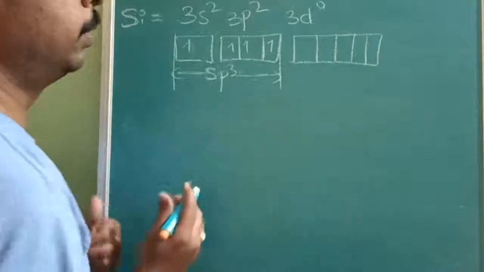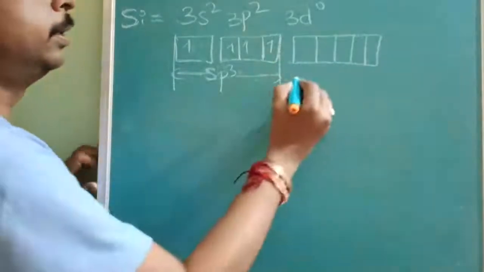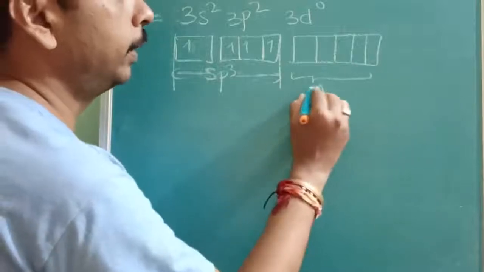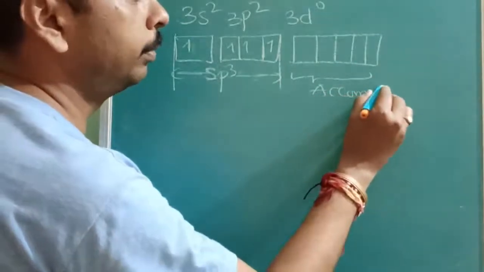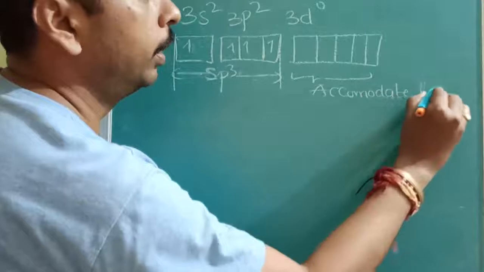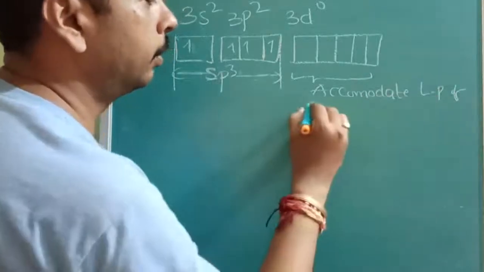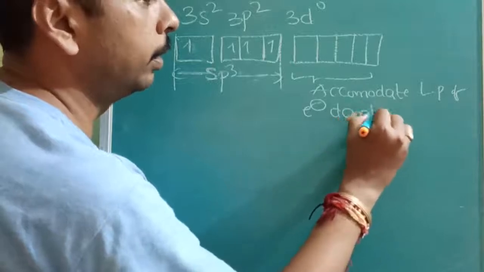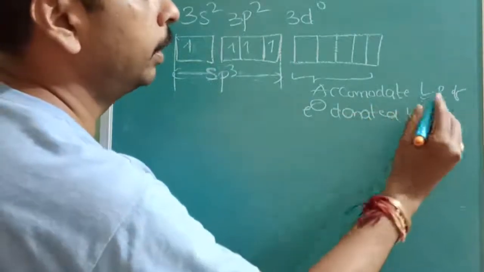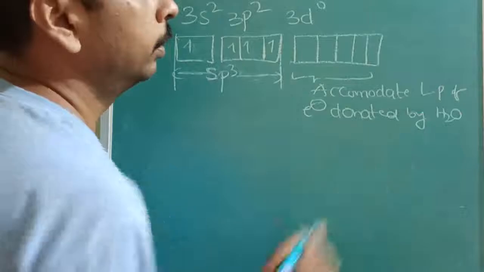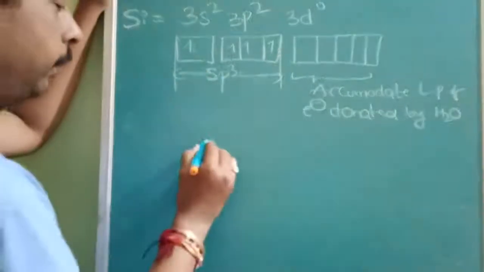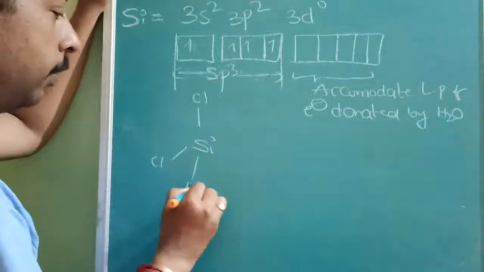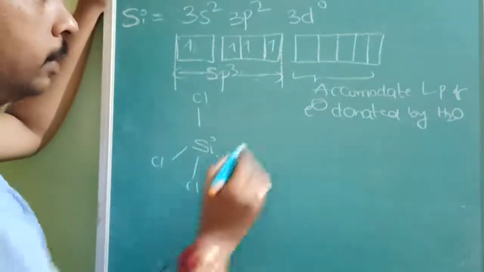Now these d orbitals can be used to accommodate, very important word, to accommodate the lone pair of electrons donated by water. I will draw silicon tetrachloride, the tetrahedral structure.